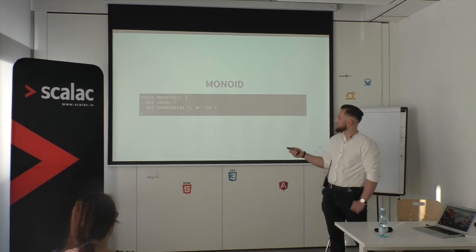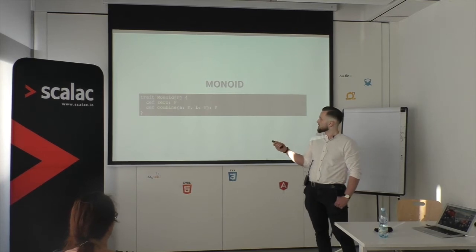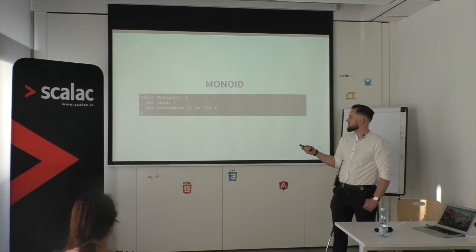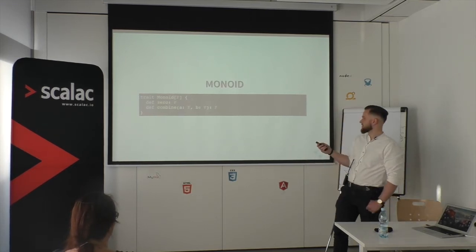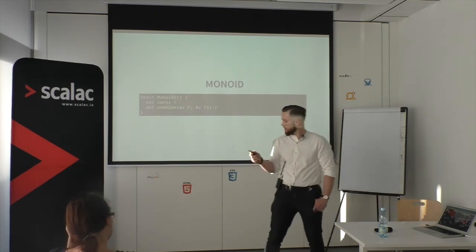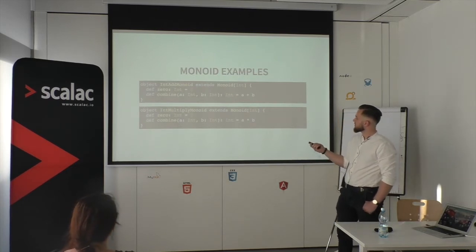So, the zero is just, we return the instance of type f, which is some zero element, and we define the function combine, which takes two instances of type f and returns the instance of type f as well.